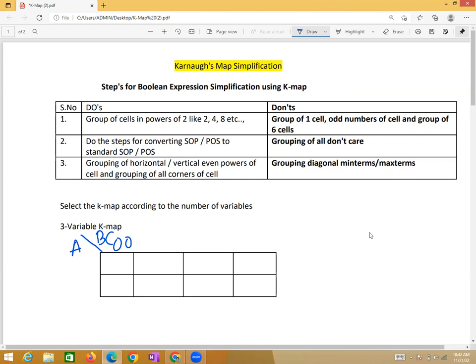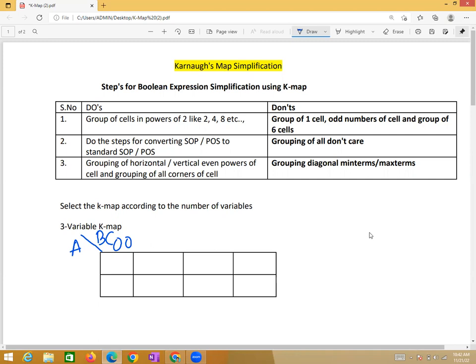First, the grouping of cells. The K-map is a systematic method to simplify the given Boolean expression. In this technique, the information contained in a truth table, available in POS, that is product of sum, or SOP, sum of product form, is represented on the K-map.